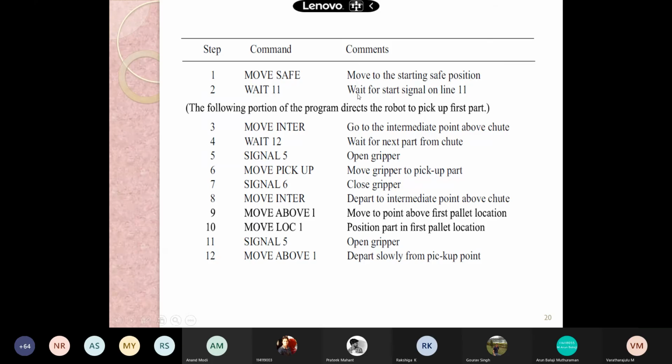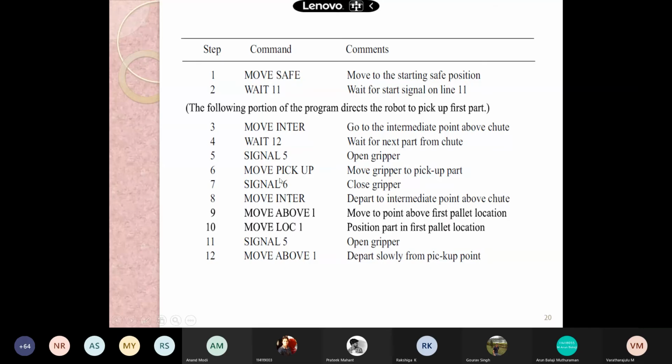Therefore, wait for start signals on line 11, and the following 10 different lines are used to pick up the component 1 at place 1. And see, move inter, go to the intermediate point above the chat, wait 1 2, wait for the next part chat. Here wait 1 1 is used, therefore we are using 1 2. Signal 5, as I already said, is used for opening the gripper, and 4 is used for actuating the gripper.